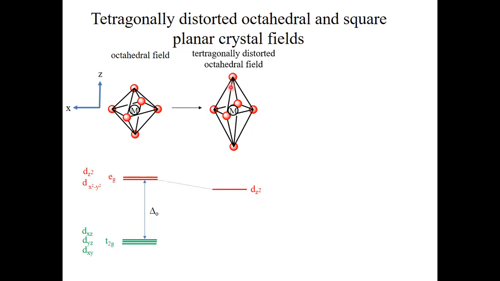So as we move away the ligands in z direction, well, the electrostatic repulsion should decline, and therefore the energy of our dz square orbital should also decrease. So now next, we can look at the dx square minus y square orbital. Can someone tell me what should happen to the energy of this orbital? I think it's pretty straightforward to predict.